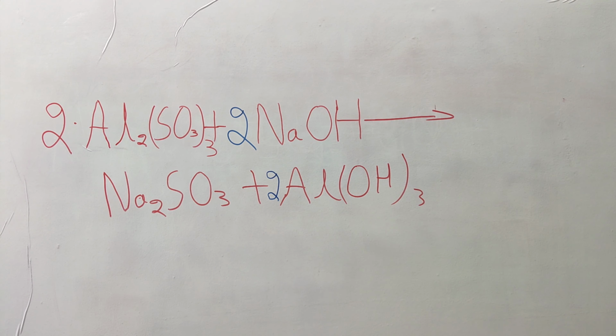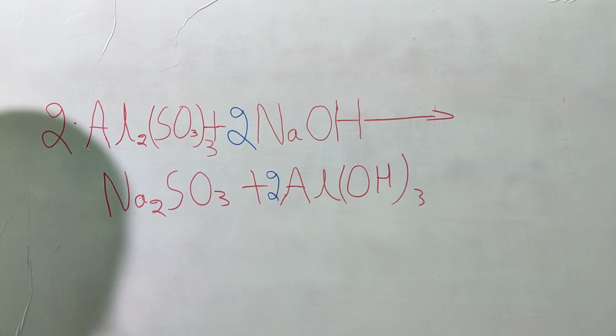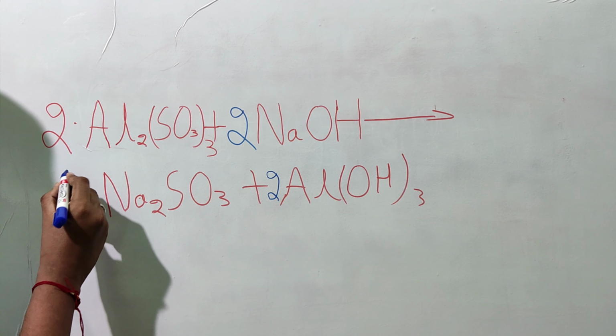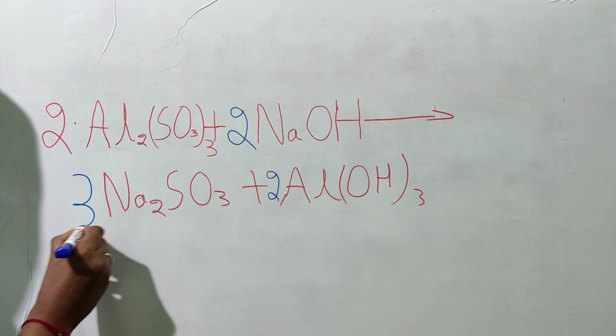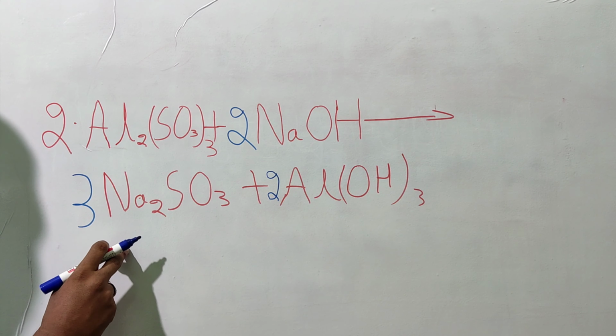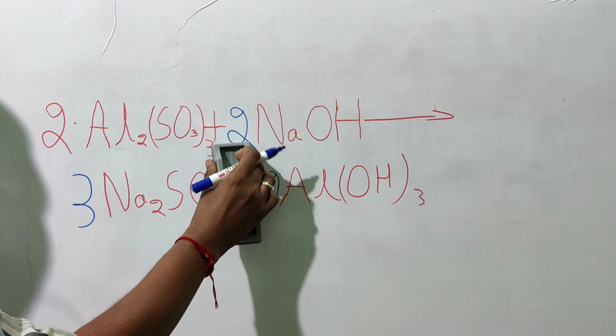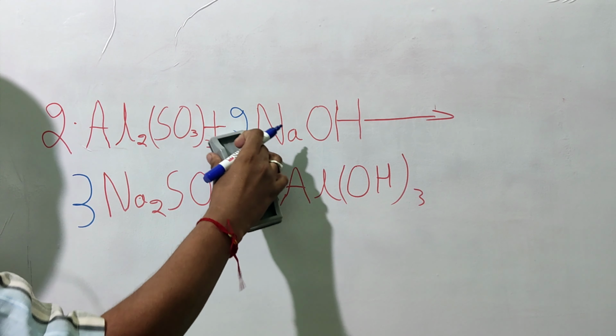Then sulfur is 3 in the reactant side. In product side it is 1. So make it as 3 here. When we enter 3 here, sodium becomes 6. So make sodium 6 in the reactant side.